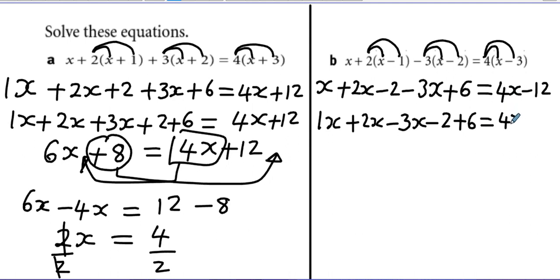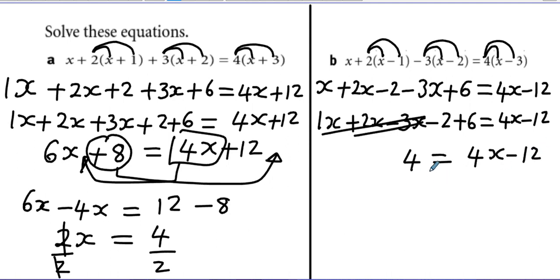This will be equal to 4x minus 12. So 1x plus 2x will be 3x. 3x minus 3x, the answer is 0, so you cancel that. And negative 2 plus 6, that will be positive 4, equals to 4x minus 12.